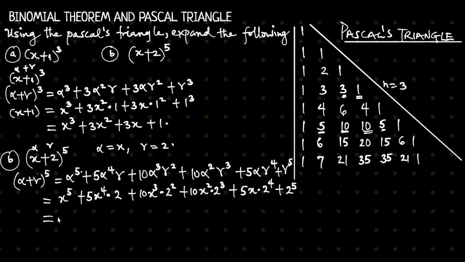So this equals x to the power 5. 2 times 5 is 10, so we have 10 x to the power 4 plus 10 x to the power of 3 times 4 plus 10x squared times 8 plus 5x times 16 plus 32.